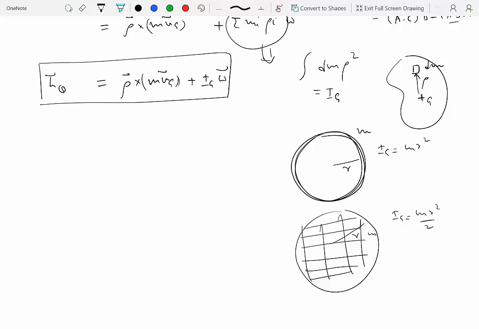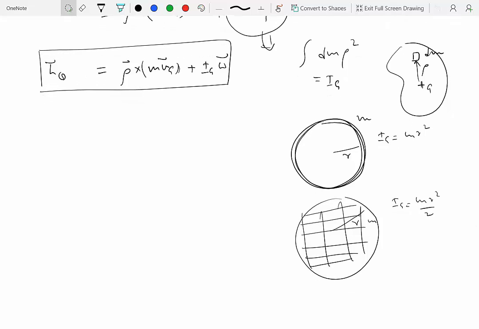Okay, now let's take the derivative of this angular momentum. That's when the fun stuff will happen. So H dot Q is equal to, I'm going to write I_g omega first, and of course the inertia is not going to be changing over time, so I_g is a constant, and the derivative of omega is nothing but the angular acceleration, so that's alpha, plus the derivative of rho.